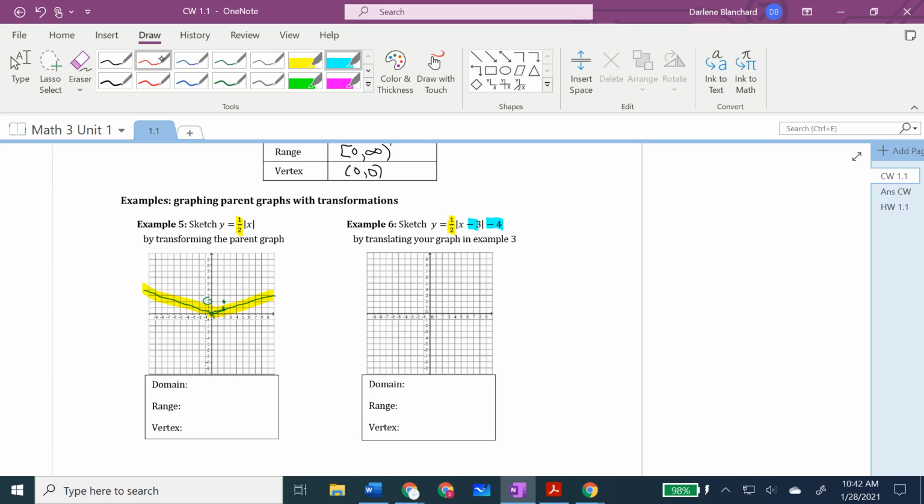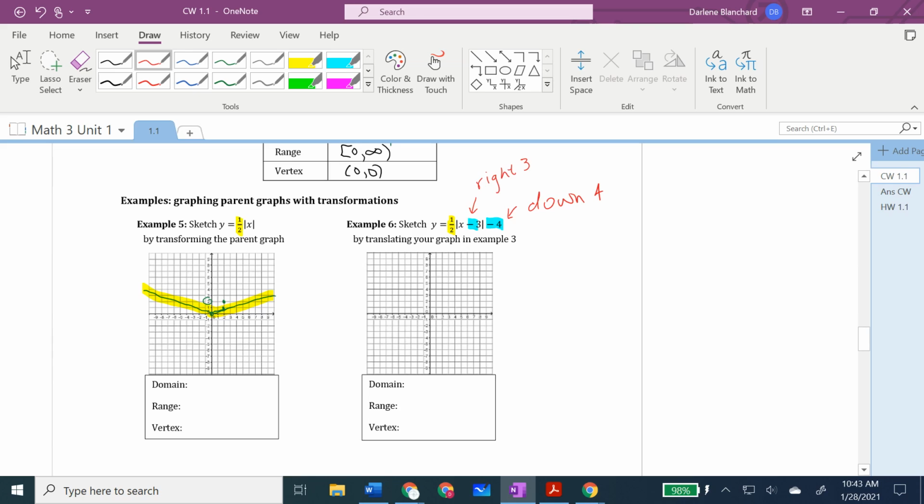And you probably remember this. This tells you you are vertically going to move down 4. And you always have to do the opposite of what you see there. You see -3. Horizontally, you are going right 3.